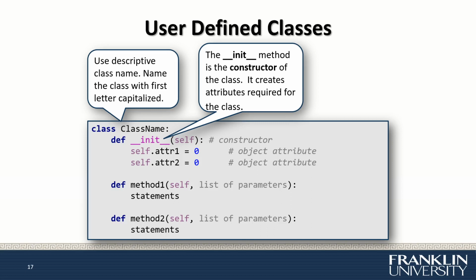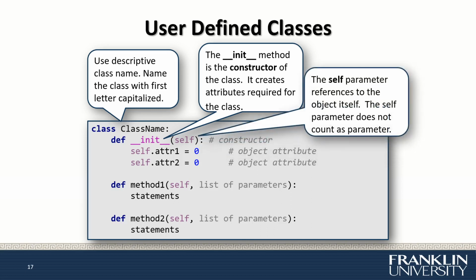adder1 and adder2. And notice the self parameter means a reference to the object itself. And the self parameter does not count as an argument. And all the instance variables, as you can see here, require self dot. Why?